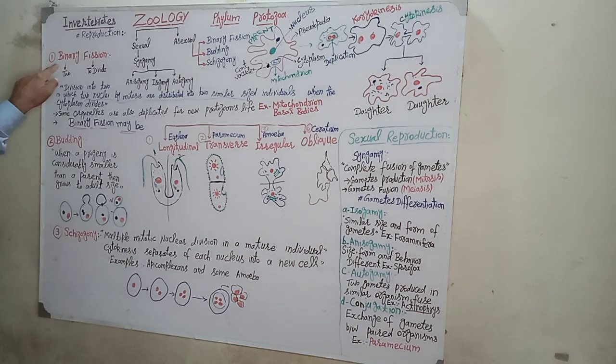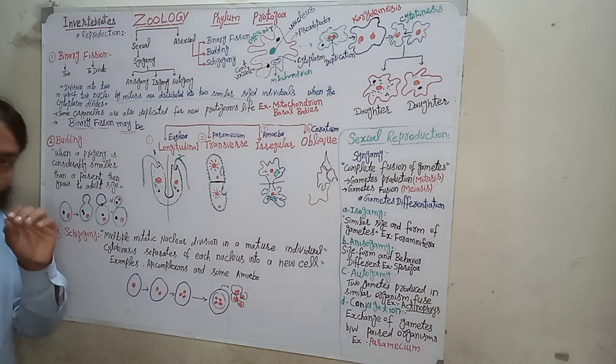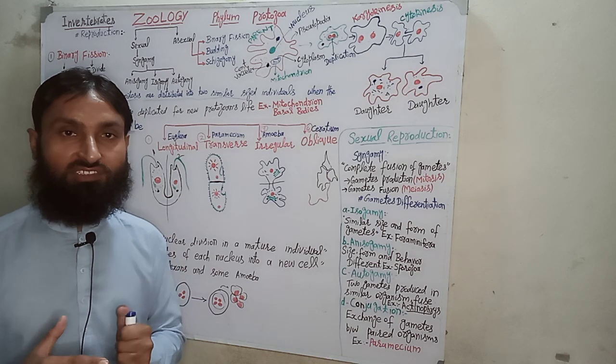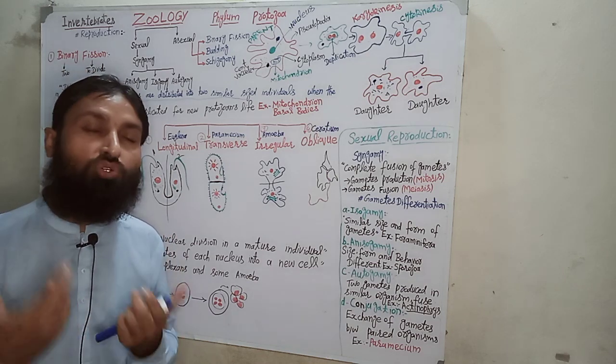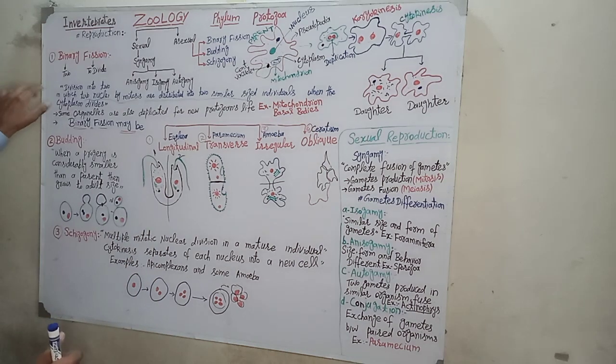Let's see what is binary fission. Binary means 2 and fission means to divide. It means the literal meaning of the term binary fission is division of a single organism into 2. How does the process of binary fission occur?